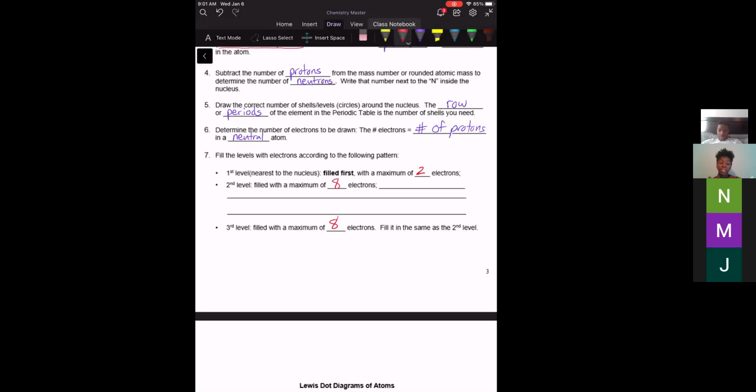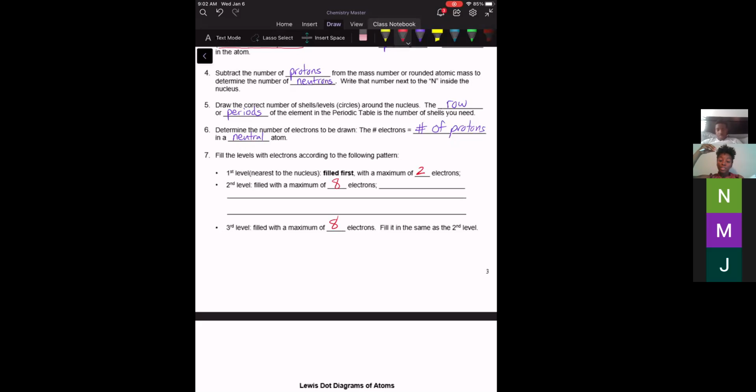It's really interesting if you think about it: the electrons actually want to be as close to the nucleus as possible because the nucleus has a positive charge. So that's why they fill in a certain way.